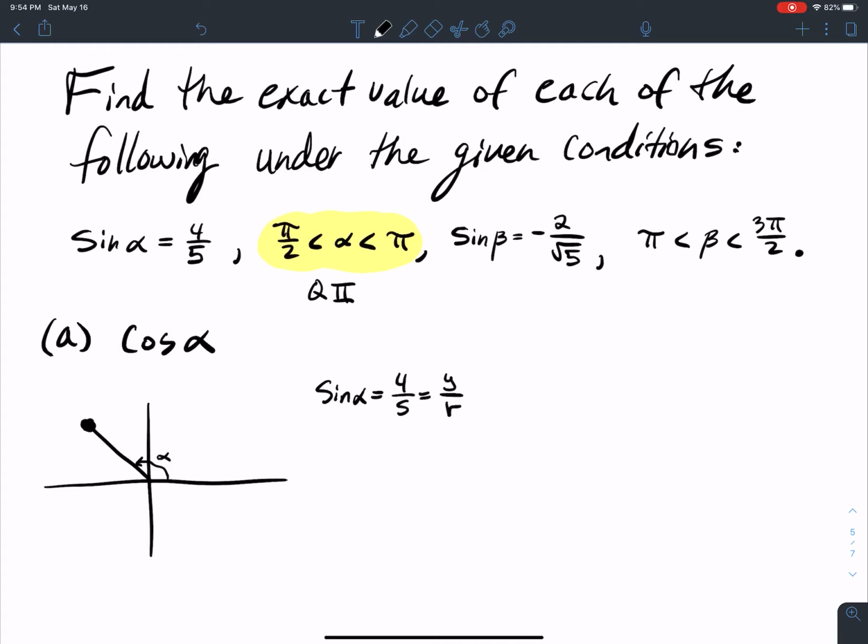Sine is y over r. So that tells me that my distance between the origin and the dot is 5, and my y value is a positive 4. So on my little triangle, that's a 4 there. I need to figure out what x is if I'm going to find the cosine. So how in the world am I going to do that?